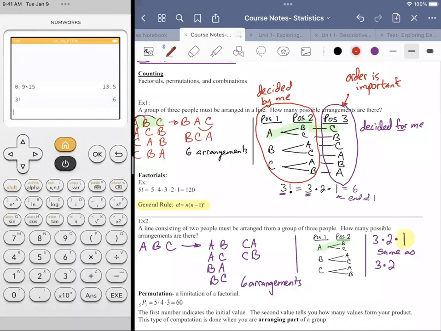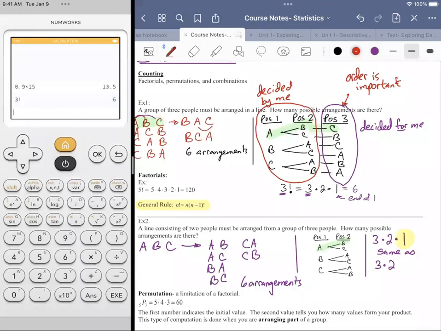All right. Now, if I change the phrasing of this, instead of saying I have 3 people that I want to be arranged in a line, just like in example 1, I say I have 3 people that I want to arrange in a line, but only occupying 2 positions, but I also want to have one other person who is going to help me with a chore or some kind of task.